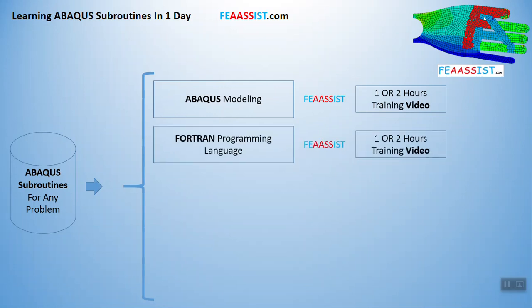With your specific problem, you only need some specific things. After that, you need to know somewhat the Fortran programming language, but again, for your specific problem, it needs between 1 to 2 hours of training video from fbaassist.com. We will teach you only the aspects that you need, so you can learn the Fortran programming language for your specific problem in an hour or 2 hours.